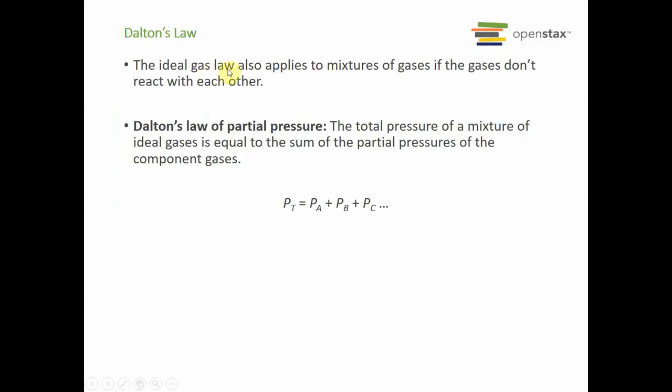The ideal gas law also applies to mixtures of gases if the gases don't react with each other. So this is a mixture of gases like our atmosphere. We've got the pressure total, 760 millimeters of mercury. And this might be the pressure of nitrogen, which makes up 80% of the atmosphere on a molar basis.